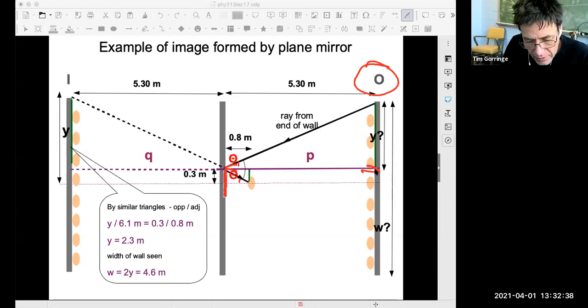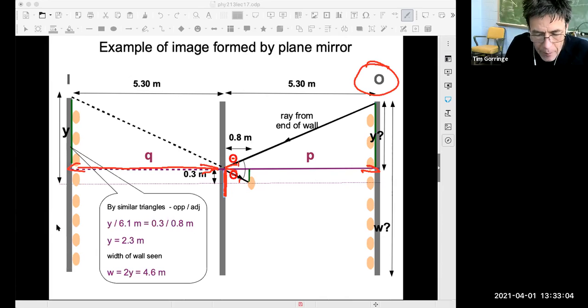That's 5.3 meters. And we know that the image then for a planar mirror is formed behind the mirror at a distance Q that is the same as the object distance in magnitude. So Q is going to be minus 5.3 meters. So this is where the image is formed, 5.3 meters behind the mirror.